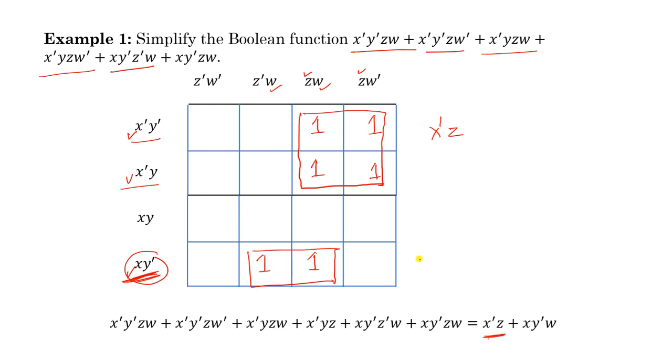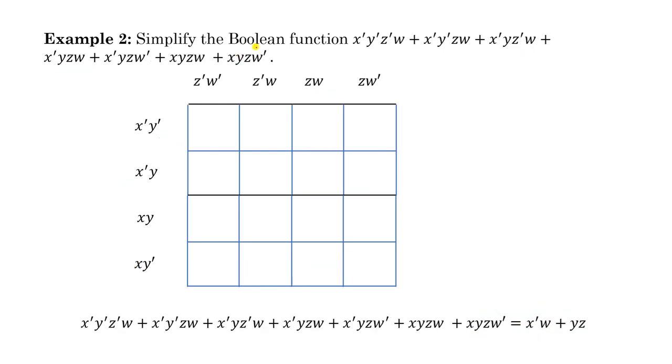So the equivalent term will be x y dash w. So this is a block of 1 by 2, which is equivalent to a term with 3 literals. Finally find the sum of these two terms. You will get the reduced function x dash z plus x y dash w.